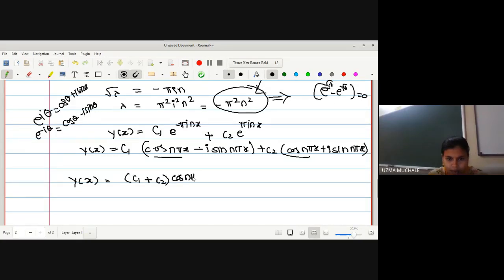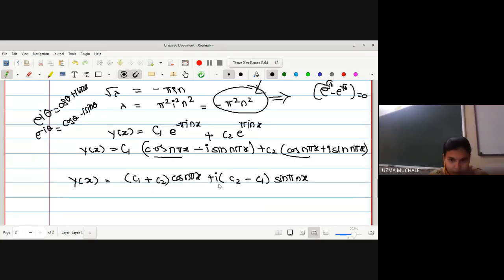Okay. Plus, what is the next term? If I take sin n pi x outside, what will remain inside the bracket? This i is common for both. This C2 is with positive sign, minus C1. What is there outside the bracket? Sin n pi x.